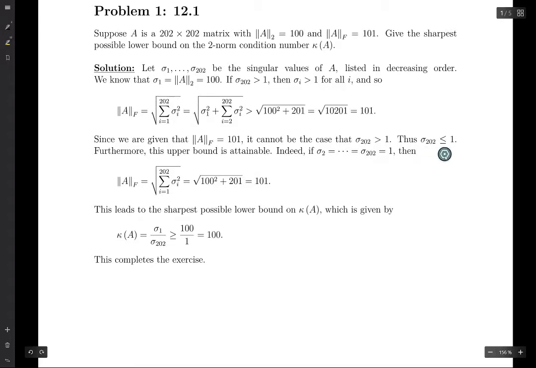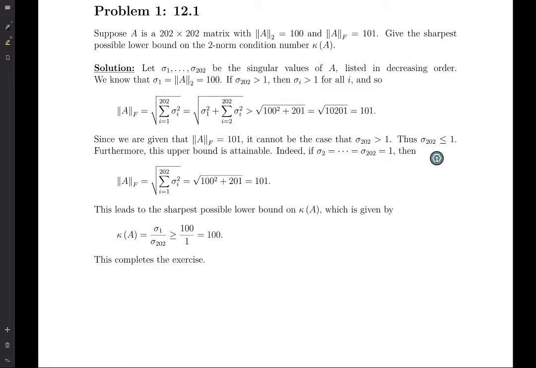Just from this statement alone, there's no reason, say, maybe sigma 202 is actually less than or equal to 1/2. And if sigma 202 is less than or equal to 1/2, then in particular it will be true that sigma 202 is less than or equal to 1. However, to prove that this bound is sharp, we need to give an example of a matrix which will have sigma 202 equal to 1.